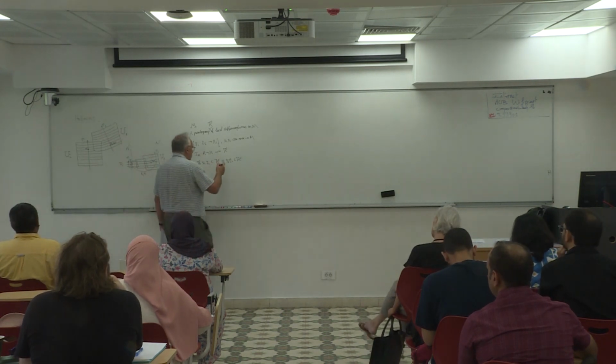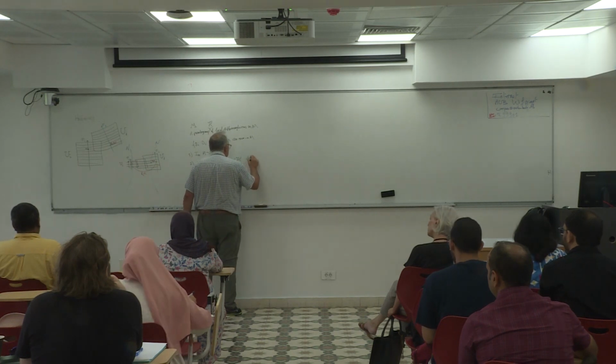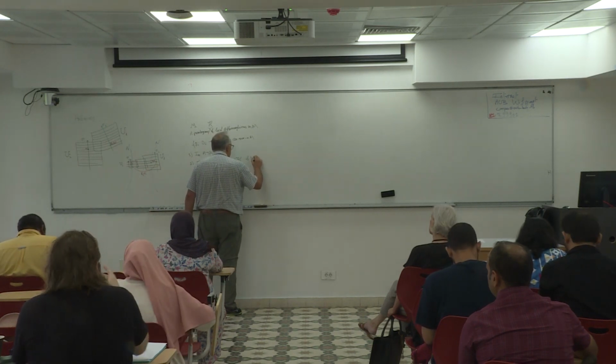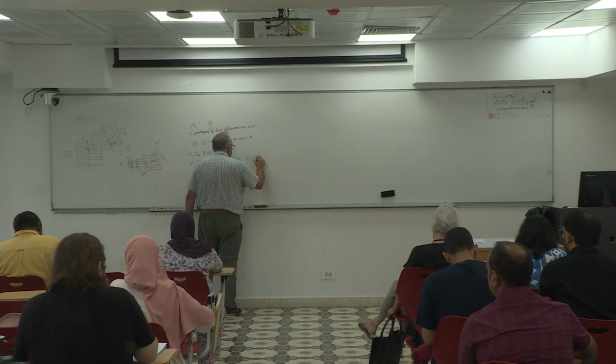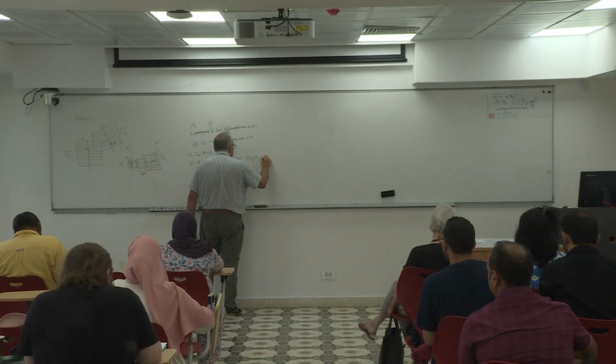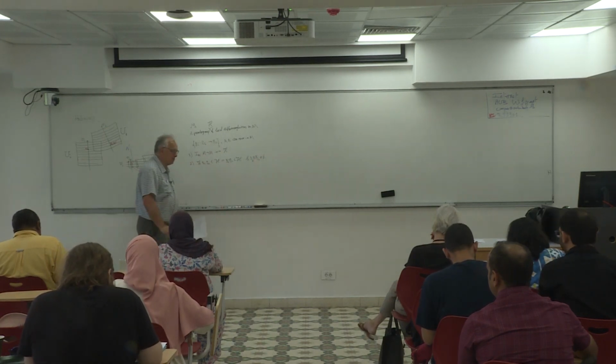So if the domain of Gj intersects the range of Gi. Okay, let me be more precise.